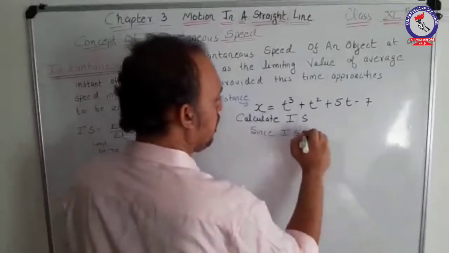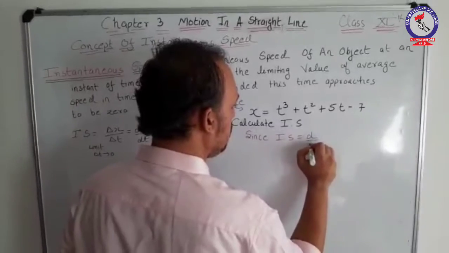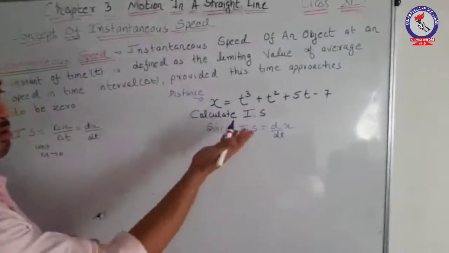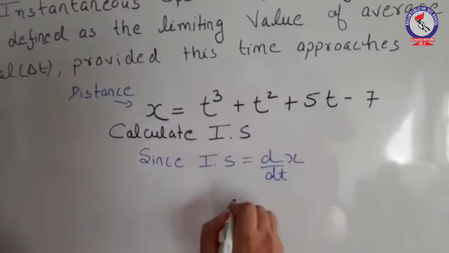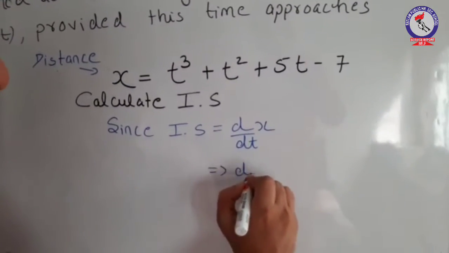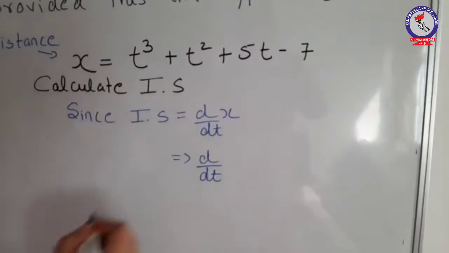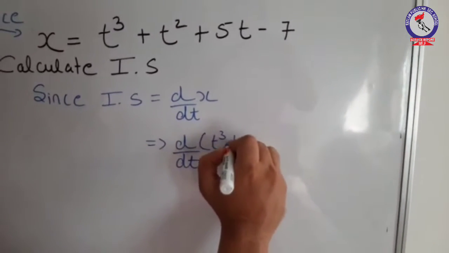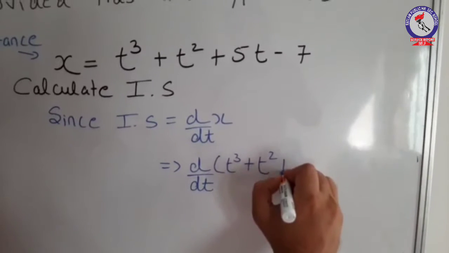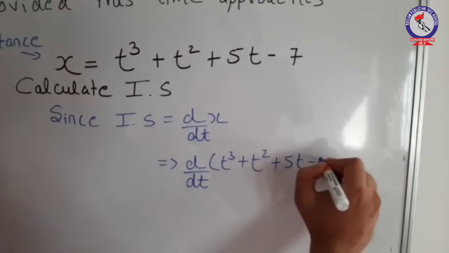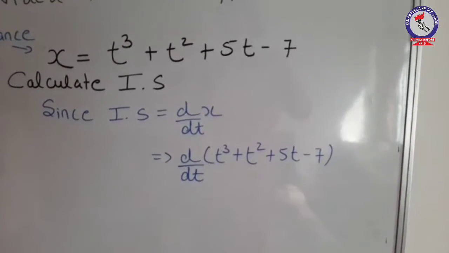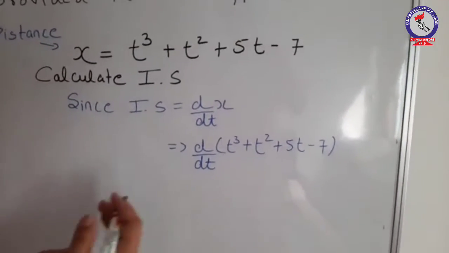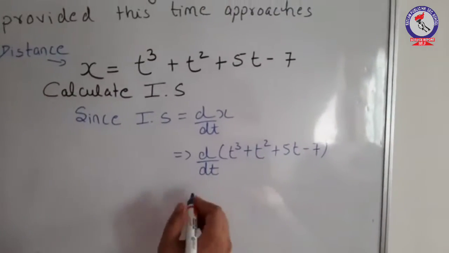since we know that instantaneous speed is equal to the rate of change of distance or displacement, I'll write dx by dt, d by dt of x, that is t cube plus t square plus 5t minus 7. Substituting the equation, d by dt represents rate of change, which is equivalent to differentiating this equation.